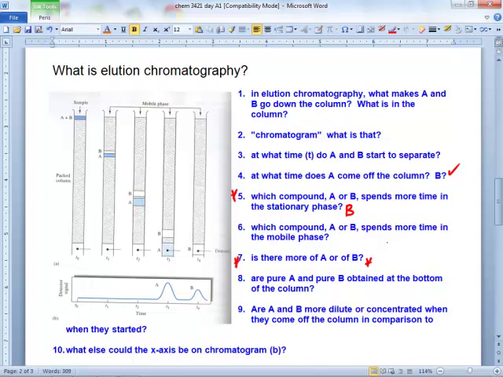Are A and B more dilute, or concentrated, when they come off the column in comparison to when they started up at the top? Or do they not change? Well, they're trying to give you a hint. Notice how it's really dark blue up on top, and it's kind of light blue at the bottom.